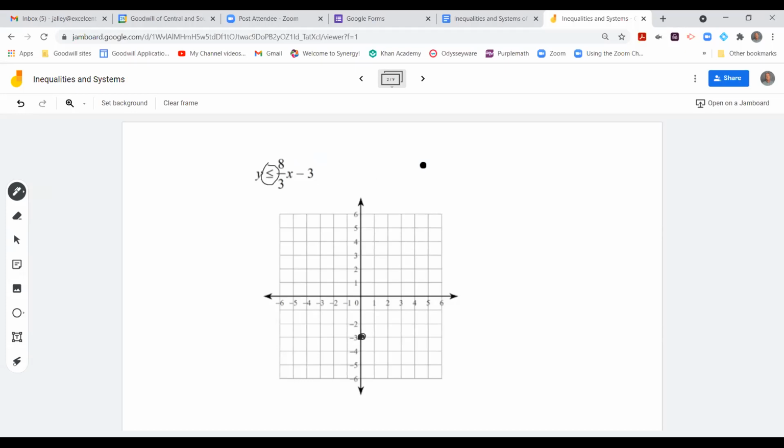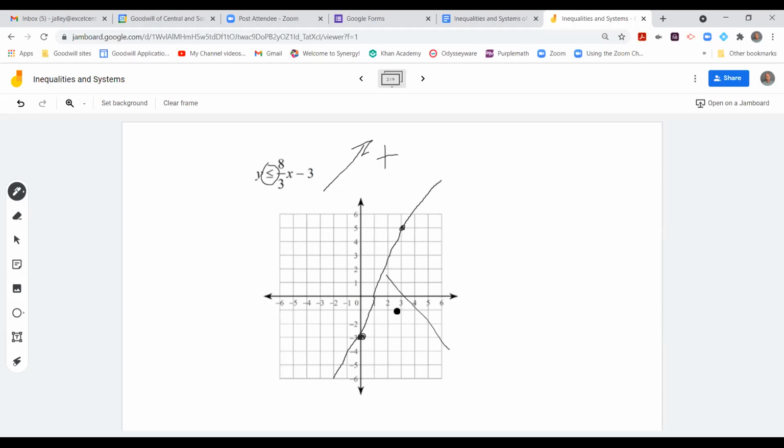It's got a positive slope, and I know all positive slope lines go in that direction. So I'm going to go up 8. 1, 2, 3, 4, 5, 6, 7, 8, and over 3. 1, 2, 3. In solid line.